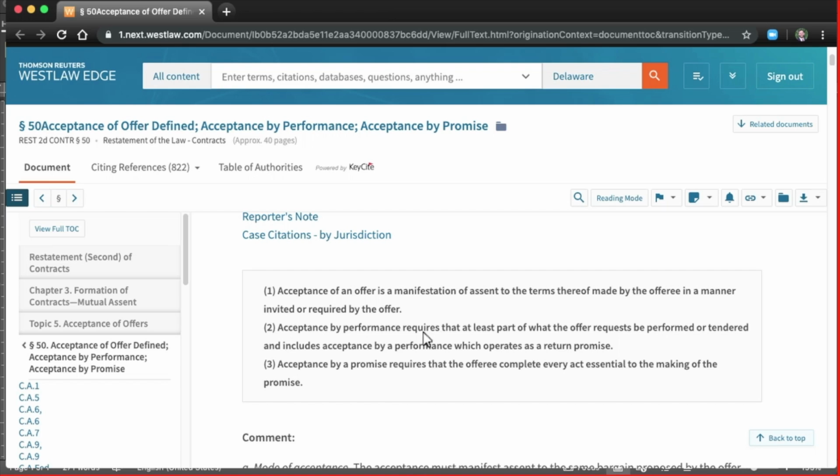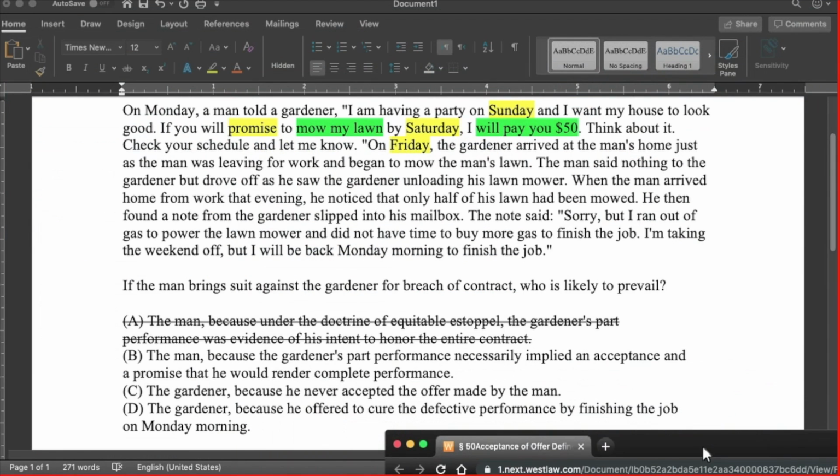Acceptance by performance requires that at least part of what the offer requests be performed or tendered, and includes acceptance by performance which operates as a return promise to complete performance. Okay, that means that in order for this to be a valid acceptance by performance, the offeree must have performed part of what was requested.